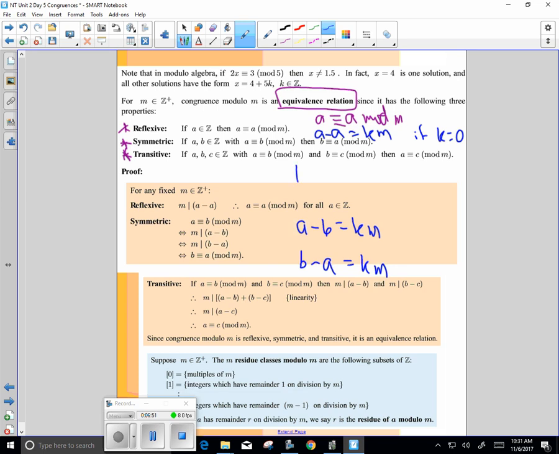So is 11 congruent to 3 mod 8? Yeah, because if you divided 11 by 8, the remainder would be 3. Is 3 congruent to 11 mod 8?